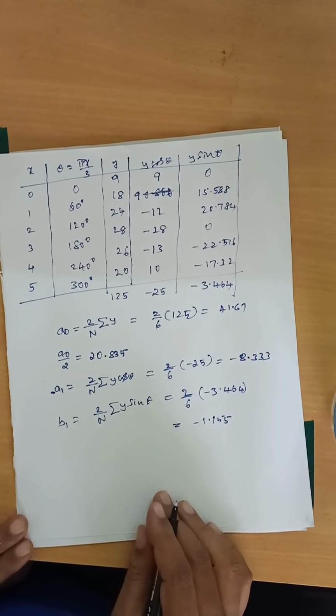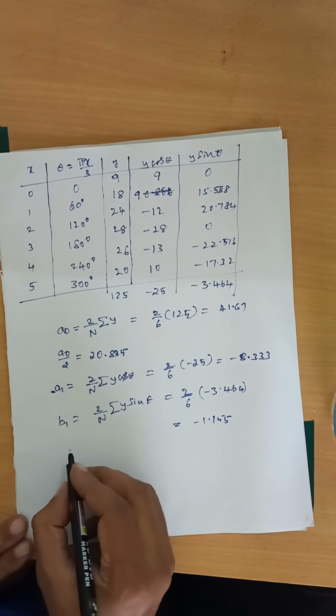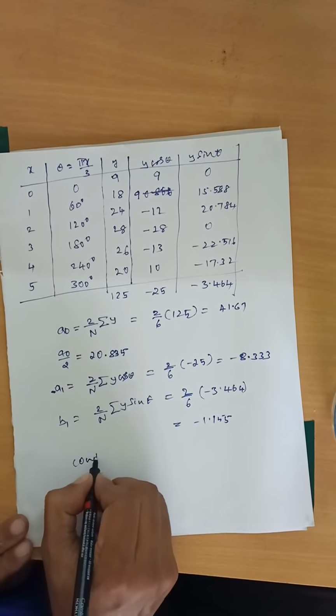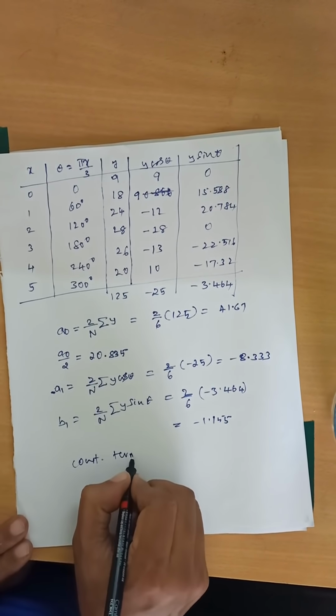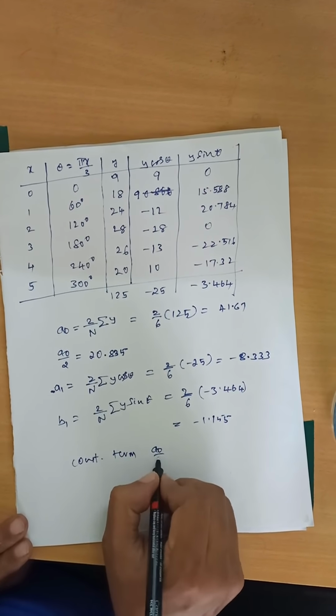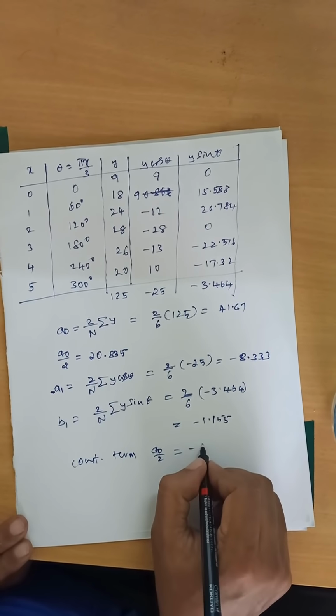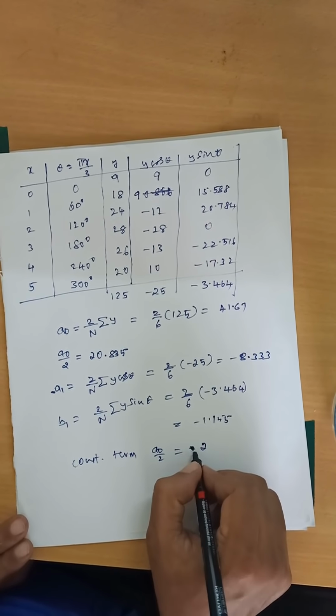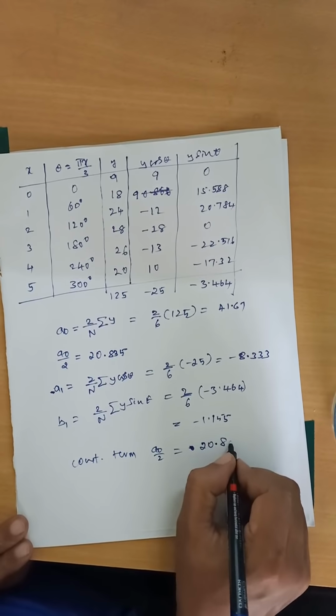So from this question, constant term is a naught by 2, that is 20.835.